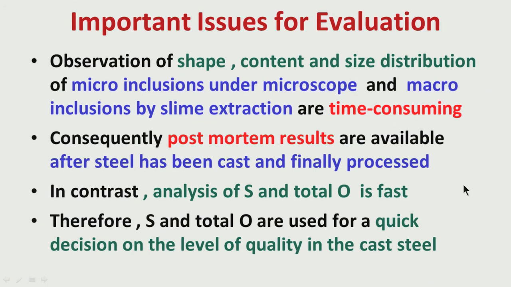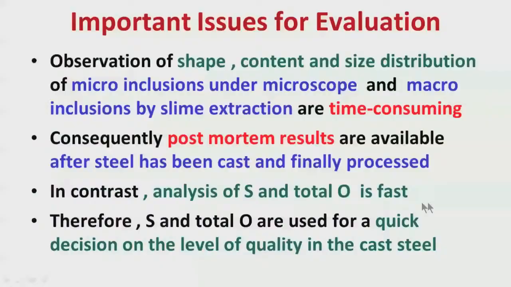So, if we find that total oxygen or sulfur is beyond the ranges stipulated for the particular product, we can decide whether this slab or this bloom or this billet should at all be processed for the subsequent product, because these are going to give us very undesirable quality. The analysis of these elements, sulfur and total oxygen, gives us an indication of the level of quality.